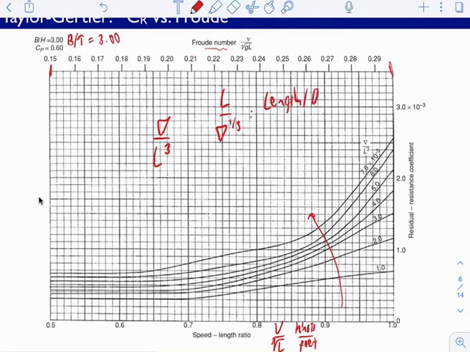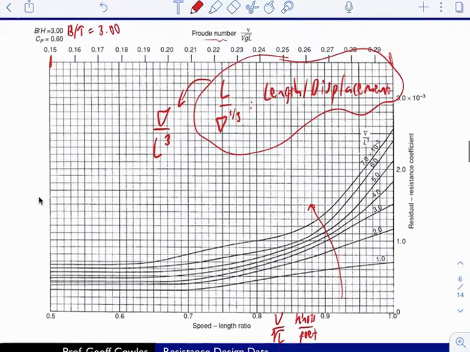It's more common, at least from what I've seen, in the sailboat world. They like to use this one. This is pretty much an inverse version of this, so you can directly convert from one to the other. And this is the immersed volume in meters cubed, this is the length of the ship in meters and then cubed. So you have a non-dimensional number either way.